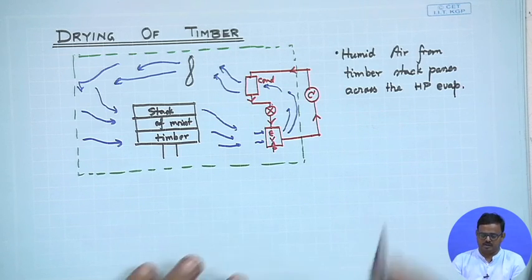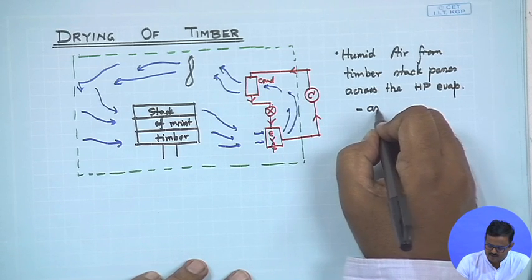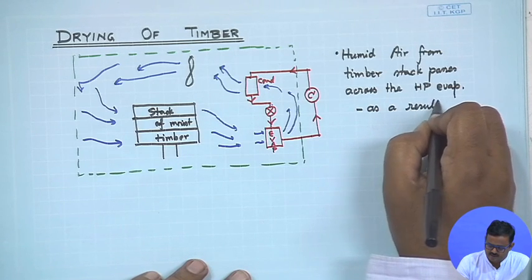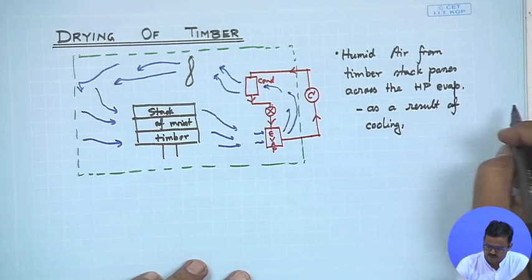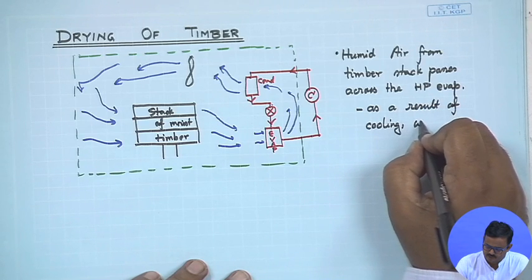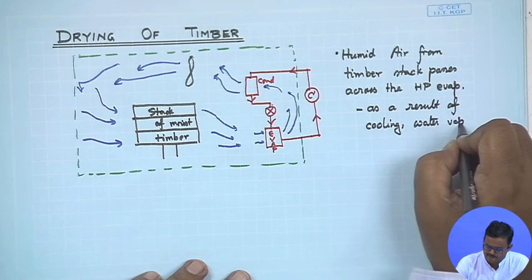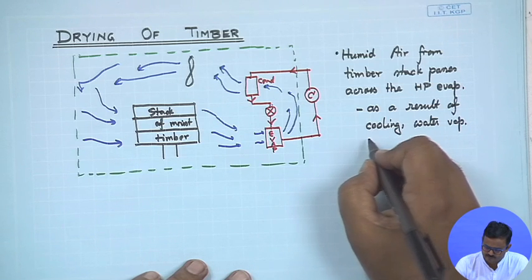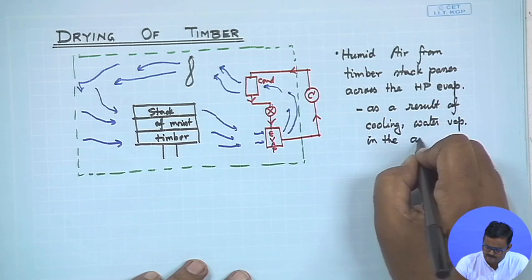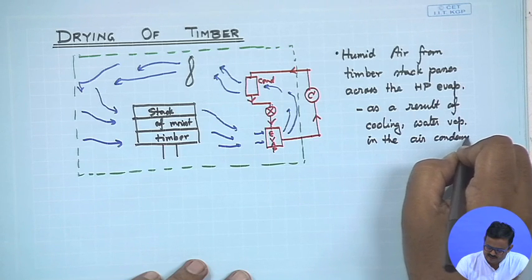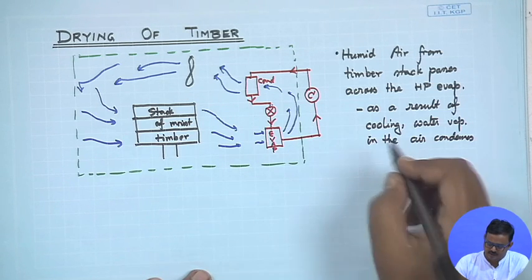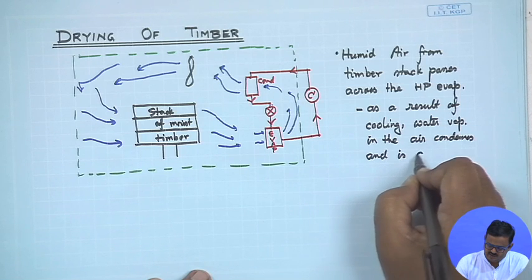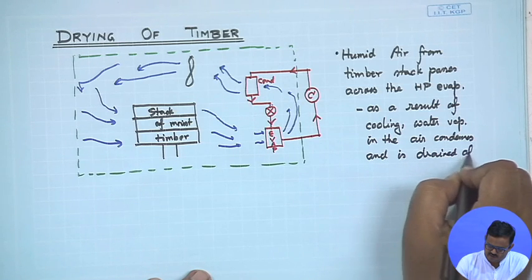As a result of cooling of this moist air, the water vapor in the air condenses. Why? Because the temperature falls below the dew point, and the condensate is drained off.